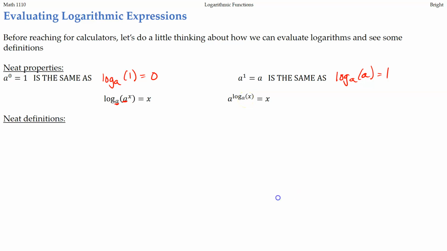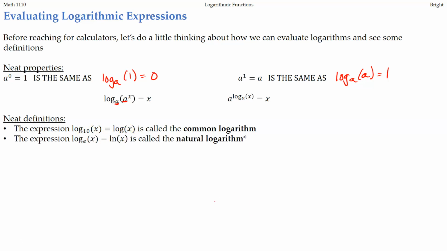Other definitions. If we have log base 10, we typically omit the base and just write log x, and that's called the common log. If we have log base e, we write that as ln, and it's called the natural logarithm. It was derived from Frenchmen who named it, and in the French language they reverse the nouns and the adjectives, so that's why it's ln instead of nl.